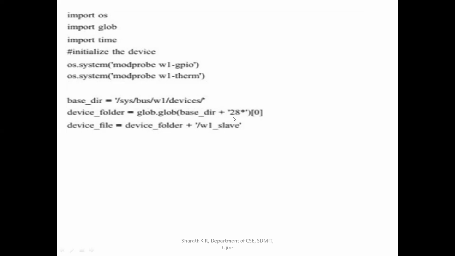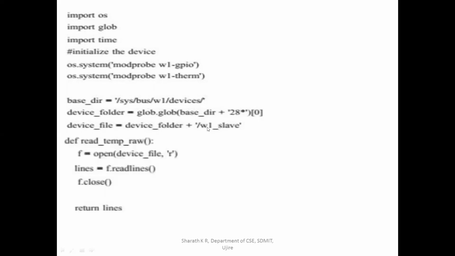As you can see here, we have used 28 star, which means any directory which begins with 28 will be accessed. So here we are using pattern matching. Once the directory which begins with 28 is accessed, we look for the file w1_slave, where the temperature data resides. Now we are ready to access the temperature data.